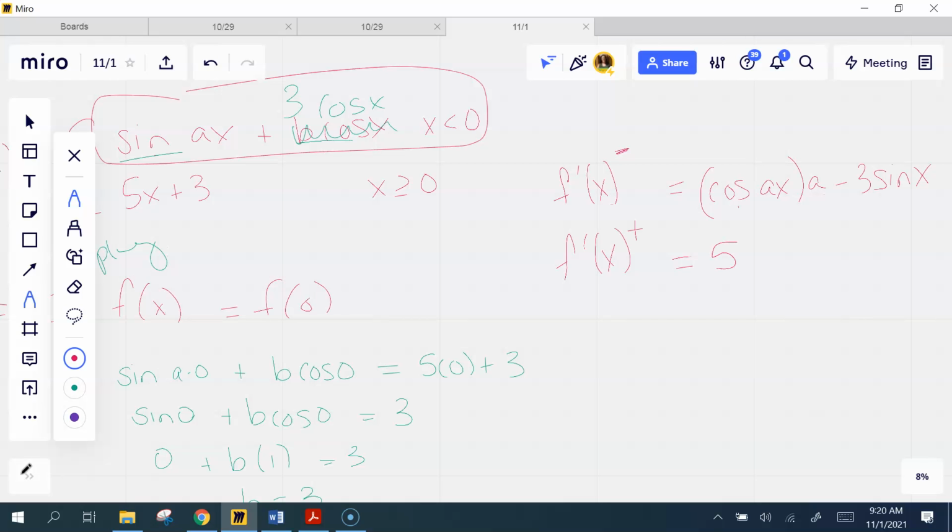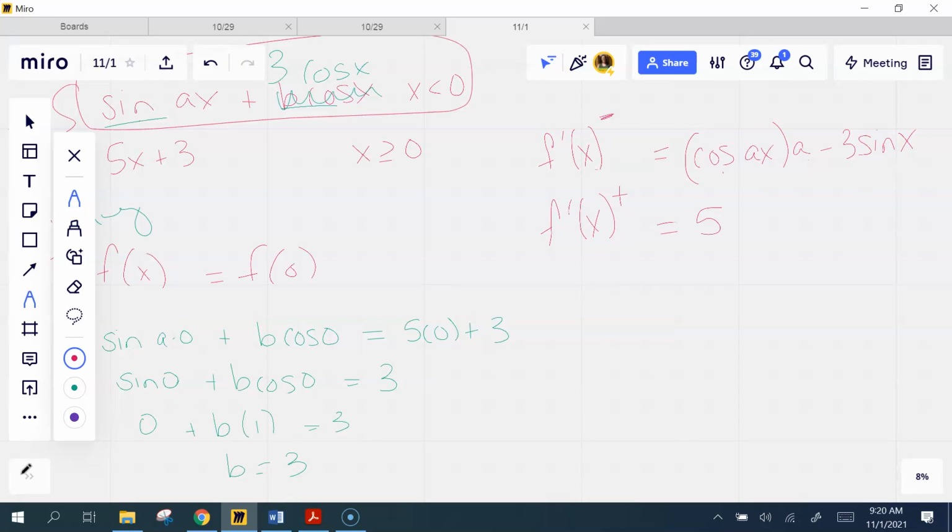It's 5. Okay. Well, I know that x is 0, right? So I know that a cosine ax minus 3 sine x must equal 5, because the derivative of 5x plus 3 is 5.